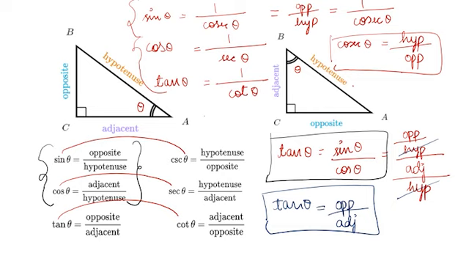But as I've already told you, theta's opposite is always opposite, the hypotenuse is fixed, and the remaining side is adjacent. So the naming of the sides will change, but the definition of the six functions will not change. Keep that in your mind. You should just know the naming of the sides of the triangle. If you know that, the definition will be easy.